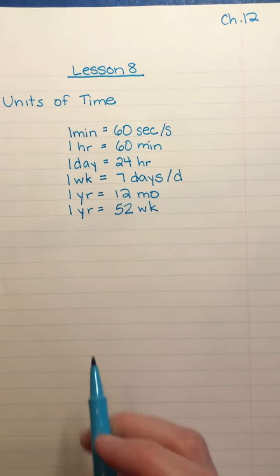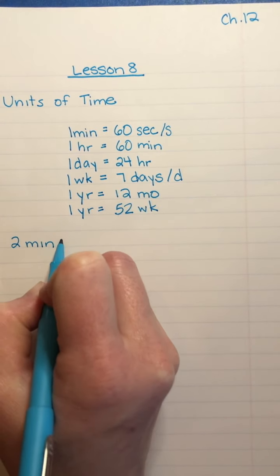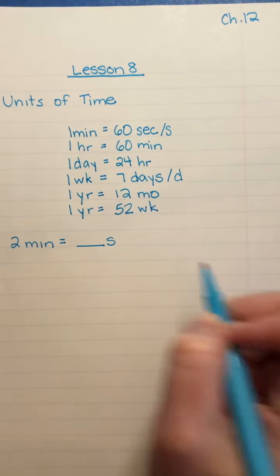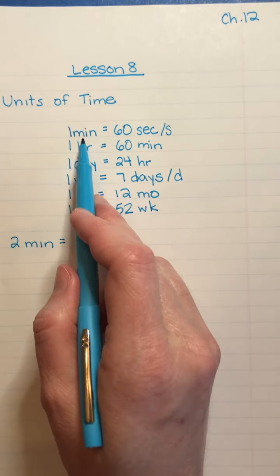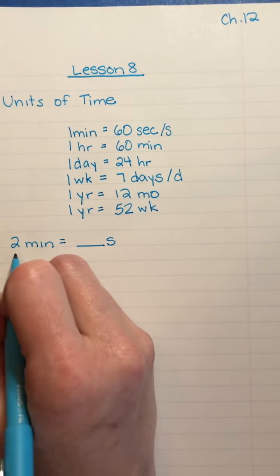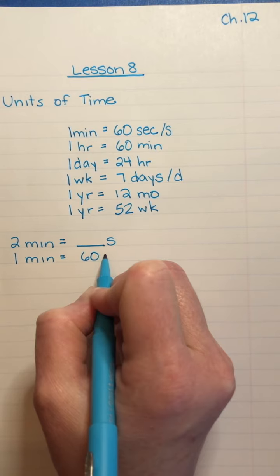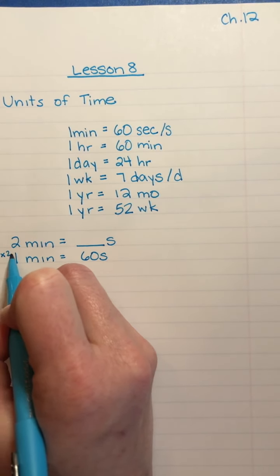So starting off, if we've got 2 minutes and I want to know how many seconds that is, I'm going to start by writing my basic fact. I know that in 1 minute there are 60 seconds. So 1 minute equals 60 seconds. And to make my conversion, 1 times 2 is 2.